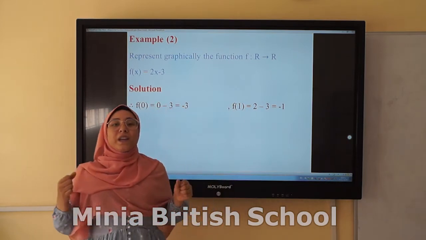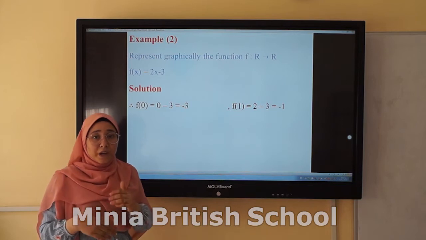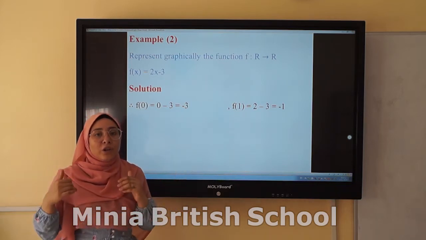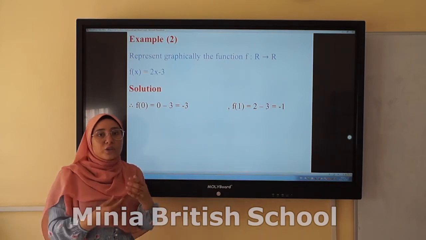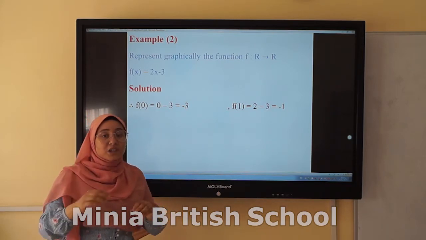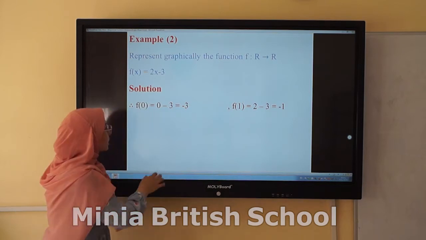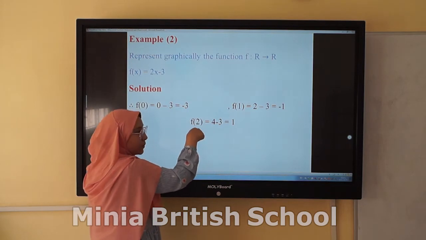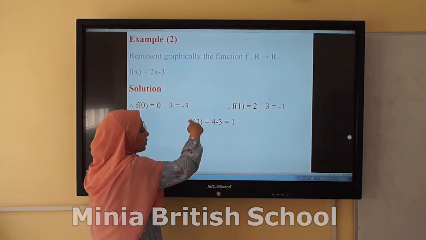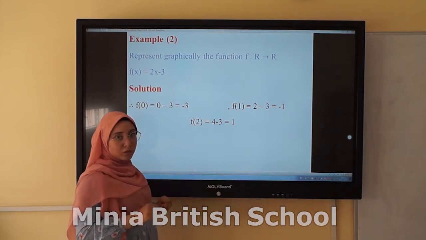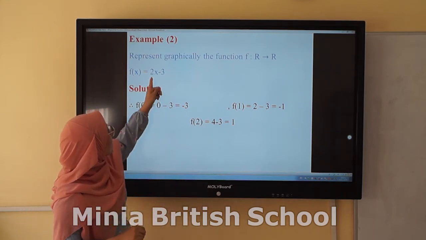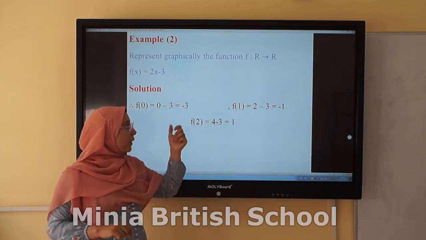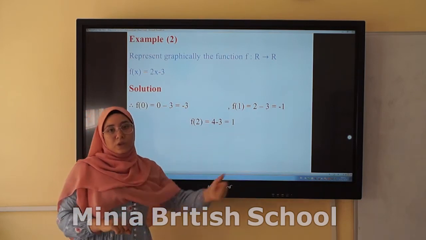Now, we can find a third ordered pair to check that the 3 points are on the same straight line. So when x equals 2, f(2) equals 1, because 2 times 2 equals 4, minus 3 equals 1.